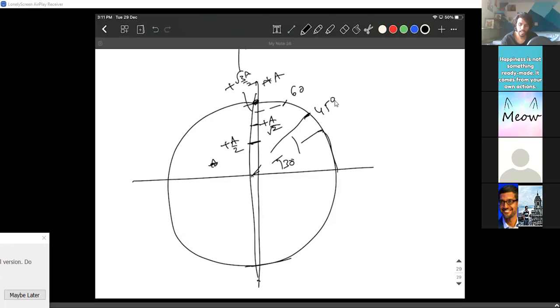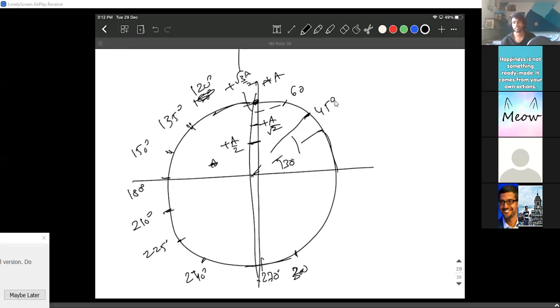At 90 degrees, it's plus A. Again, 120 degrees, 135 degrees, 150 degrees, 180 degrees, 210 degrees, 225 degrees, 240 degrees, 270 degrees, 300 degrees, 315 degrees. Sorry, I made a mistake earlier; it is 315, not 335.